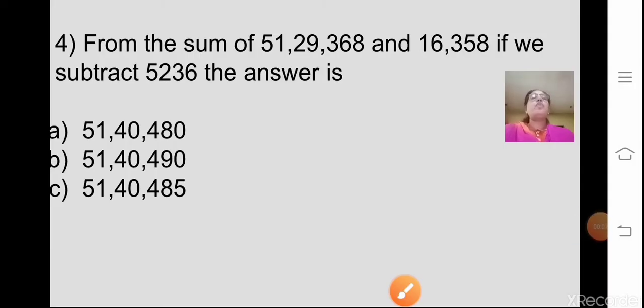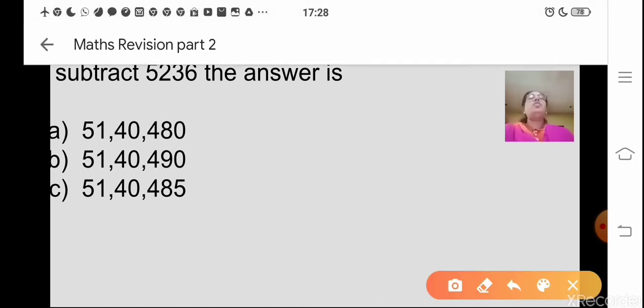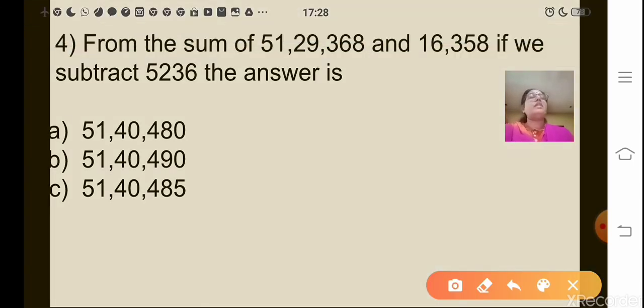Yes, coming to the fourth question. Now here the question given is, from the sum of 51,29,368 and 16,358, if we subtract 5,236, the answer is. Now in this sum, what you have to do is, you have to first add the two numbers. You have to first find the sum of these two numbers.